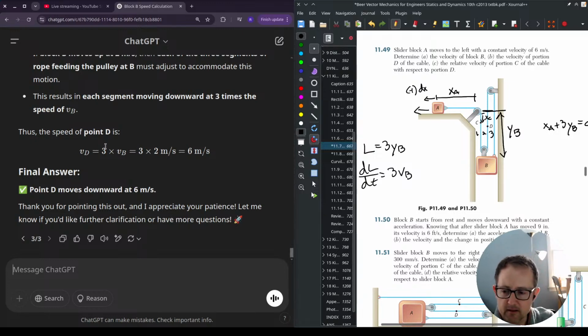That one, it was kind of getting there, but not in the right reasoning way. Because I would think, okay, this one is the chord. This chord moves at 6 meters per second because it's directly attached to A. So everything's got to be, chord is decreasing. This whole length is -6 meters per second.